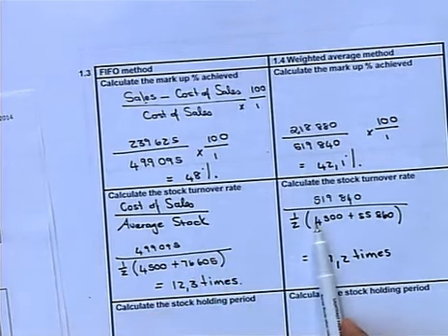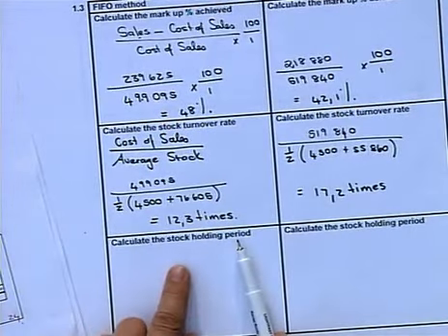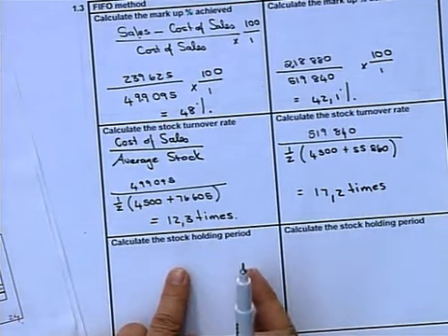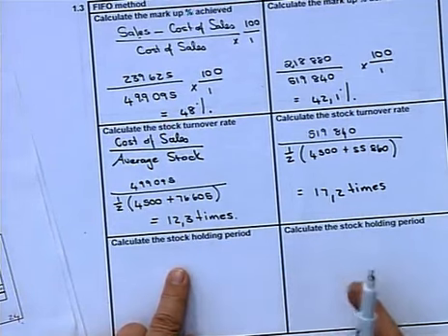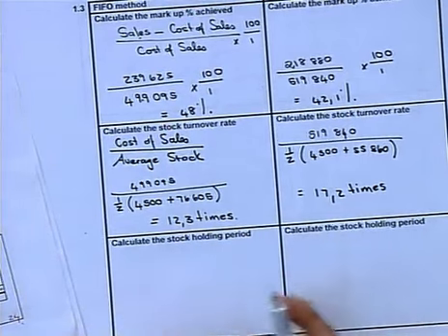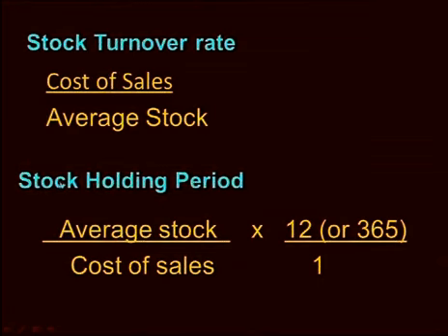Okay. Now, the stock holding period says, if you had to stop buying stock now, for how long will your stock last until there's nothing left in the storeroom? If you look at this, the stock holding period, that's the other ratio that you have to know. You want to know how long will the stock last.